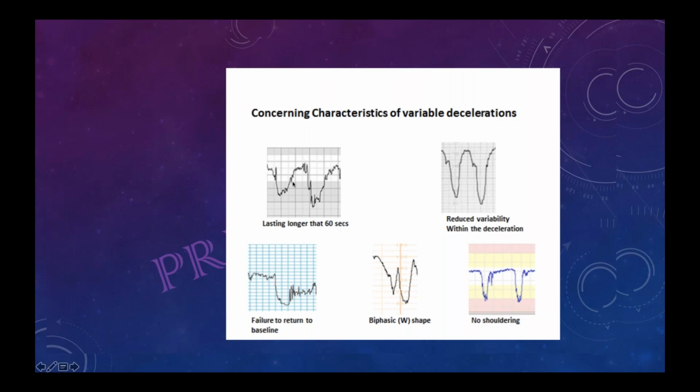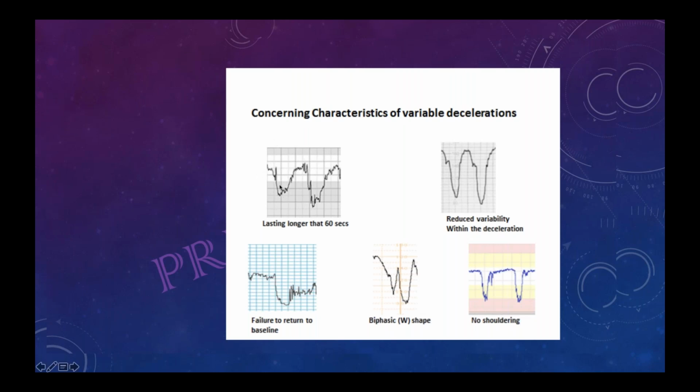To know whether we are dealing with variable deceleration or late deceleration, we take the time from the start to the peak. If this time is less than 30 seconds, then it is variable deceleration, and if it is 30 seconds or more, then it will be early or late deceleration. So this helps in identifying which kind of deceleration we are dealing with.